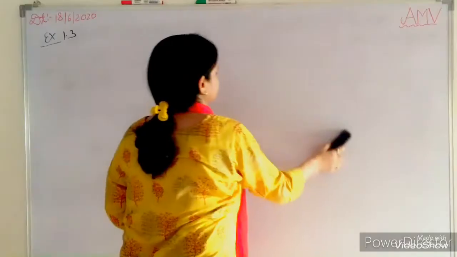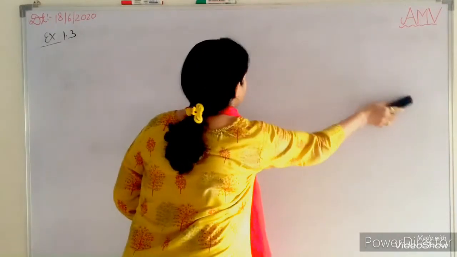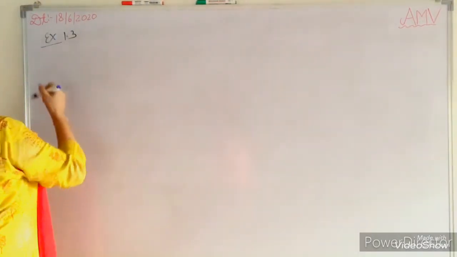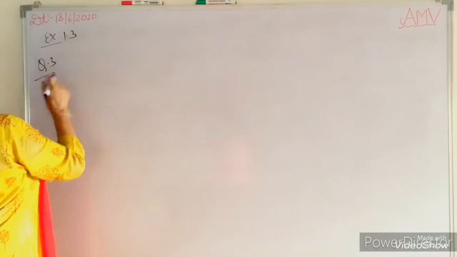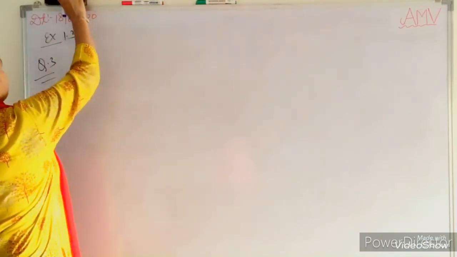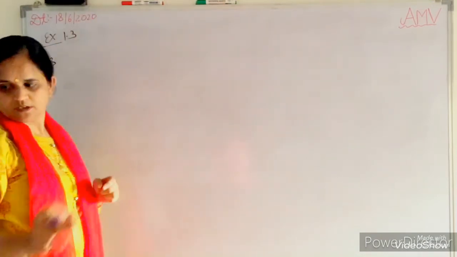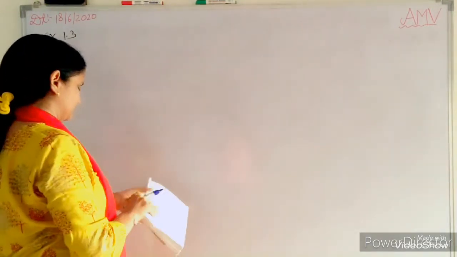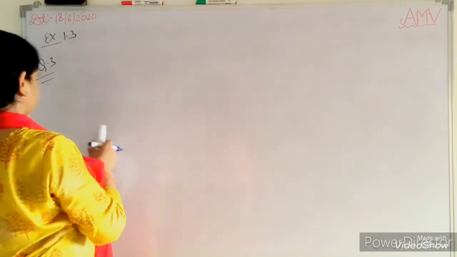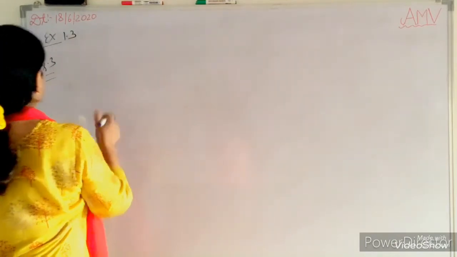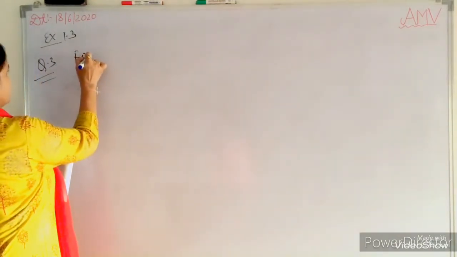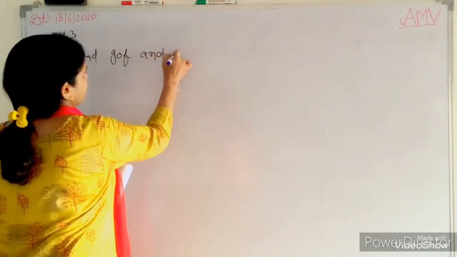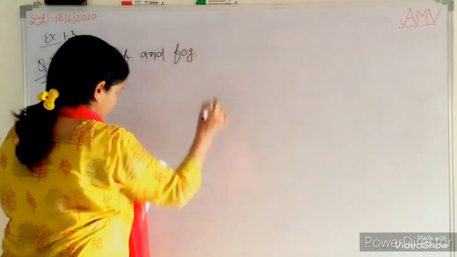First, I am taking the easy ones. Let's do the next question. Today, student, I am taking some easy questions. In the next video, we will discuss proof-type questions. The third question is: find GOF and FOG.